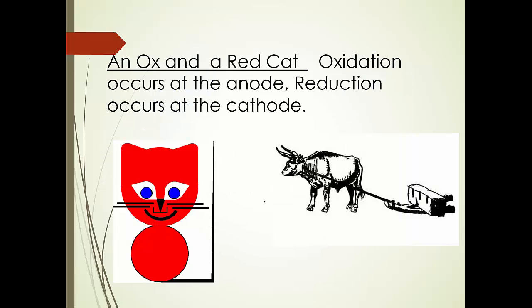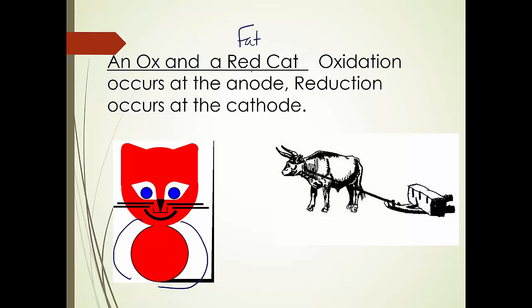So let's sum up what that was looking at. We have sayings: an ox and a red cat. And we've changed this a little bit more. You don't have just a red cat, we have a big fat red cat.